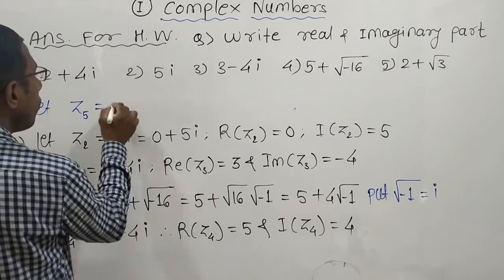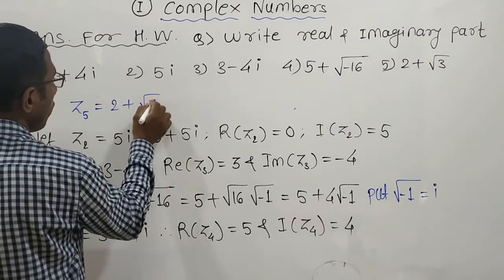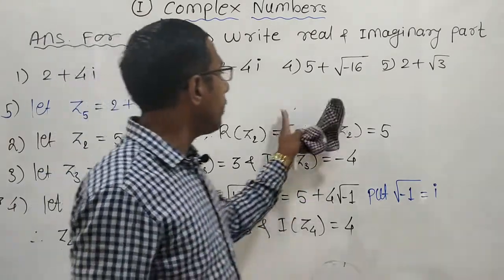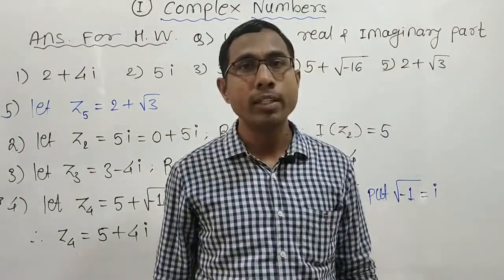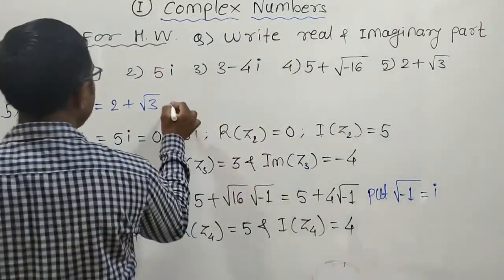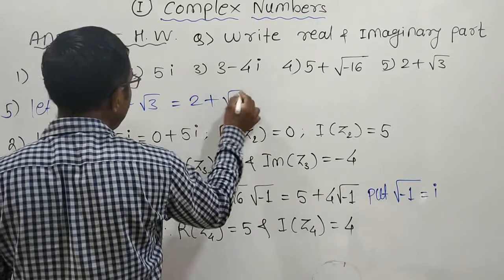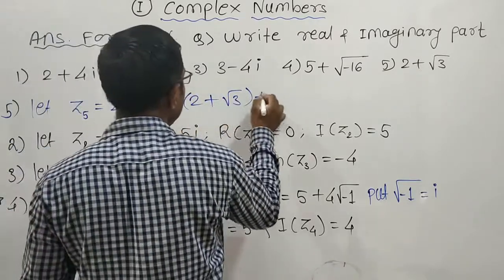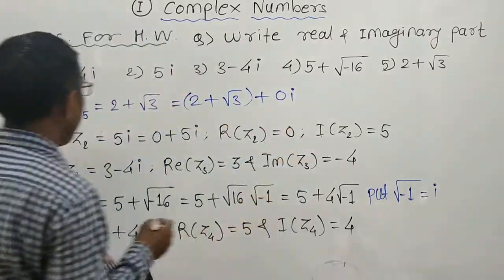Z5, you may denote only by Z, 2 plus root 3. Now I can't insert the term of i, so write it like this: 2 plus root 3 plus 0i.